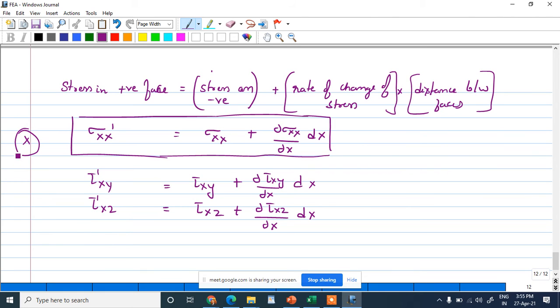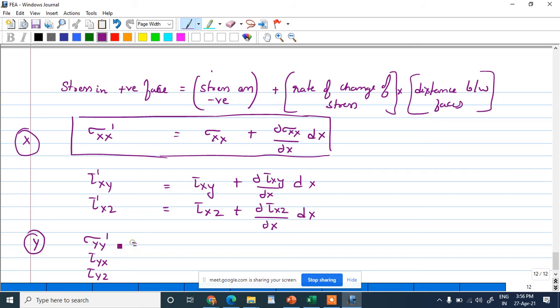Same way we need to identify for y. In the y positive face we have the stresses, that is sigma yy prime, followed by tau yx, and the final one is tau yz.